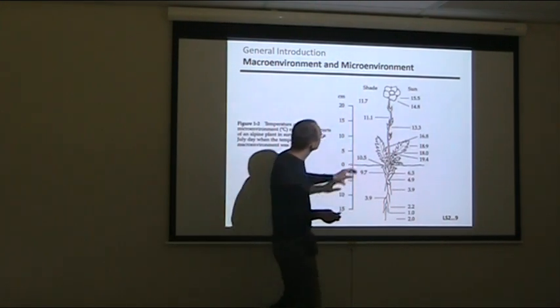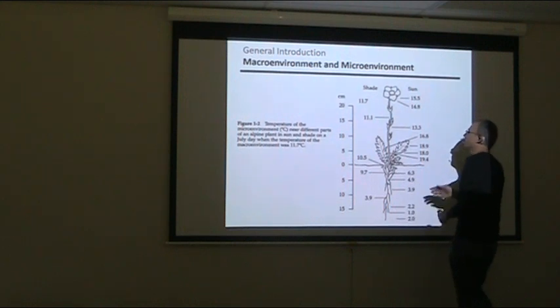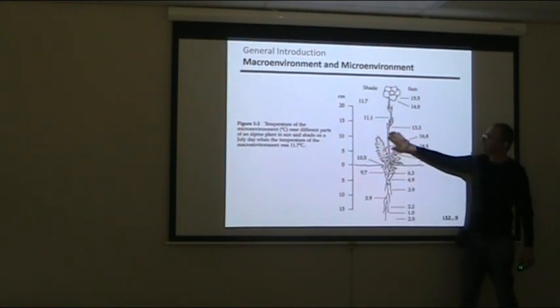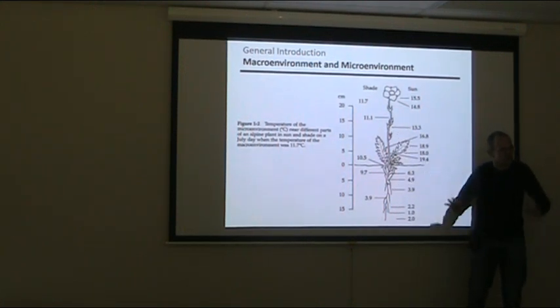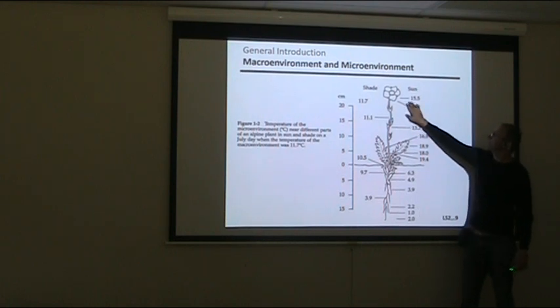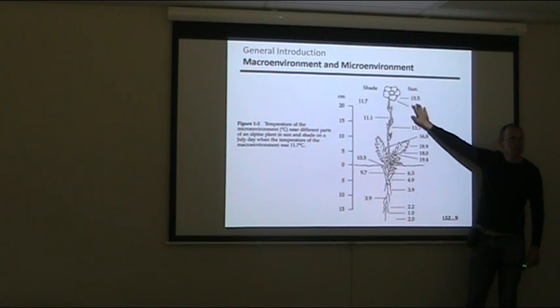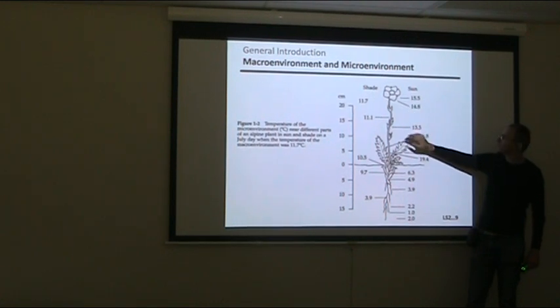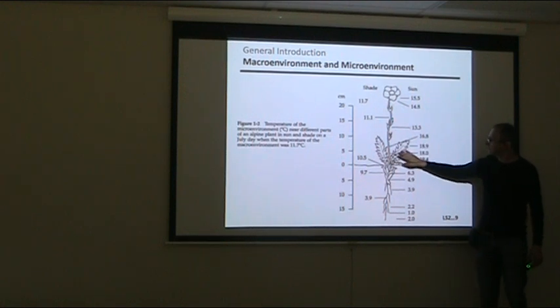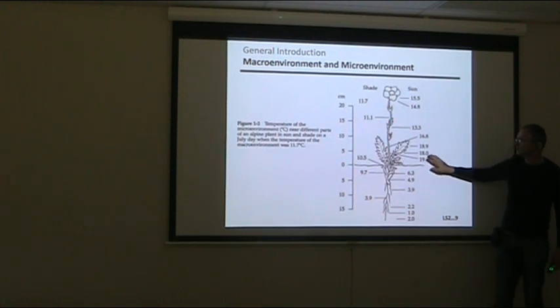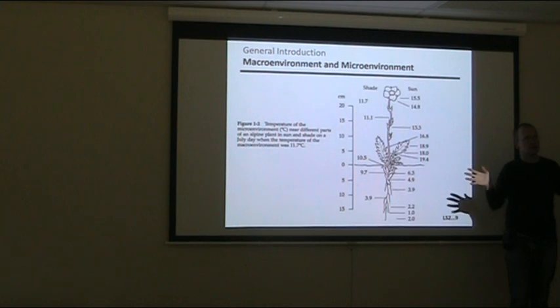So what they then do is they measure the temperature of this plant at different times very quickly, and the flower is 15.5 degrees, so it's 4 degrees warmer than the macroenvironment. The petals, stem 13.3 degrees, the leaves 18, 19 degrees. Obviously they're green, they're dark, they're warming up, they're trapping the heat.